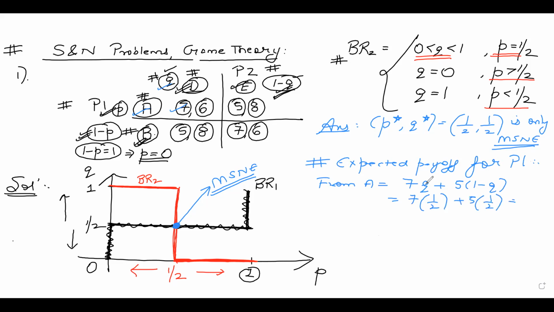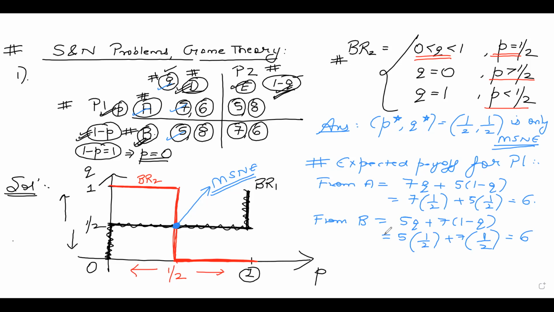So what do I get? 7 by 2 plus 5 by 2, which is 6. And similarly, what is the expected payoff player 1 gets from B? 5 times Q plus 7 times 1 minus Q. We had written these payoffs a few minutes back. Again, put Q as half. That is our equilibrium. So 1 minus half is half only. So again, we get 6.